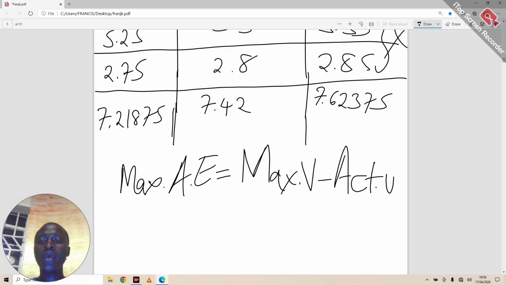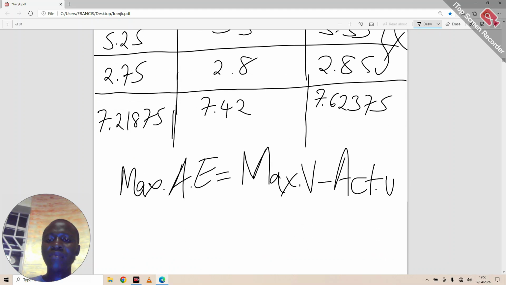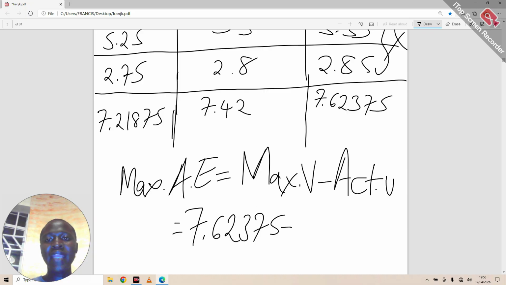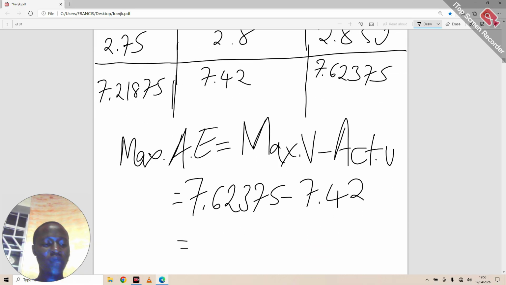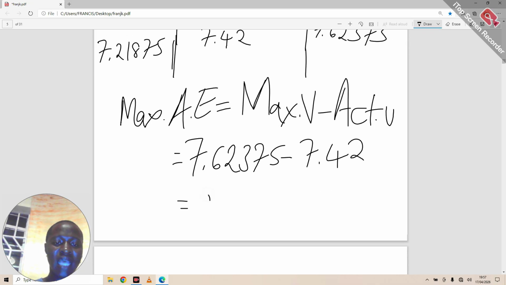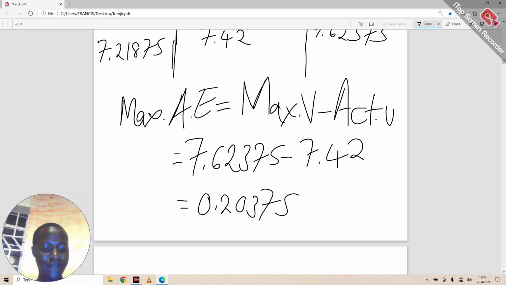So we are having our maximum value as 7.62375 minus the actual value, which is 7.42, and we shall have our answer as 0.20375.